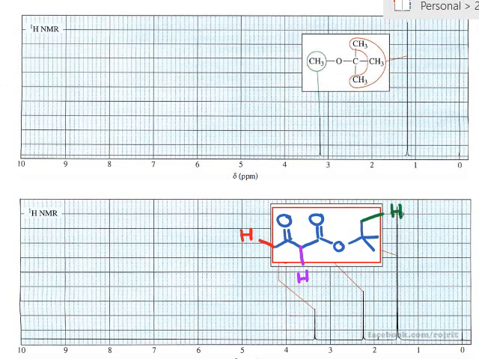For the green hydrogen atom, this is an sp3 carbon attached with hydrogen atom and nothing more, so it appears at about 1 ppm, right? So 1 point something here is the green color. Then we have the carbon hydrogen attached to the carbon atom next to the carbonyl group, so it should appear at about 2 ppm.